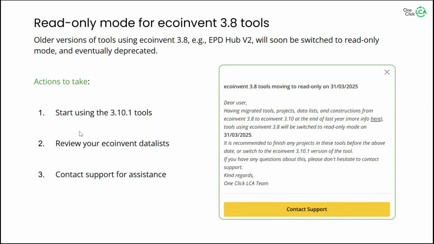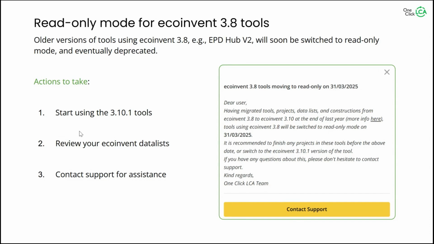And the action for you as users to take is to, if you haven't already, start using the 3.10.1 tools. So for example, EPD Hub v3. It, of course, has this latest database, but also eventually EcoInvent 3.8 tools will be deprecated, and we won't support them or update them with the latest features.